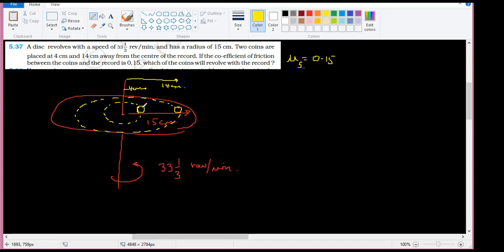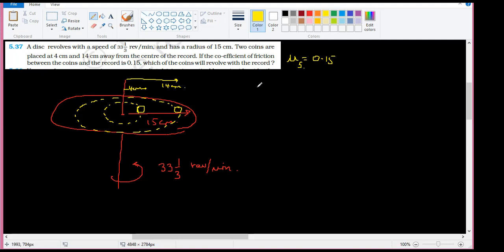If you don't have enough friction, this coin will fly away. Just like when the car turns to your left, you get pushed towards the right because of the pseudo force. Similarly, I told you centripetal force is the actual force, centrifugal force is the pseudo force, so it will get pushed this way.